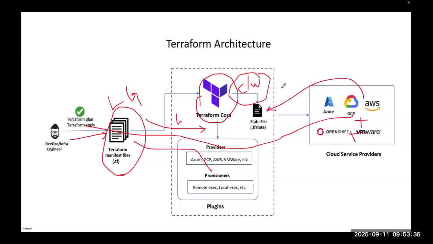This state file is in JSON format, which is again a simple text file, key-value pairs, which has information about the current state of the infrastructure. This is more important. It is one important question: what is the Terraform TF state file? It is nothing but the file which contains the current state of the infrastructure.